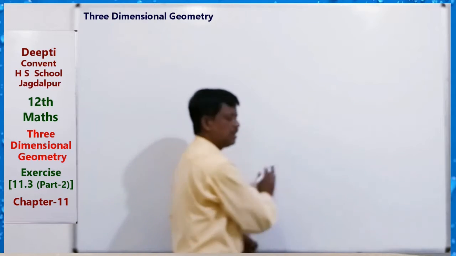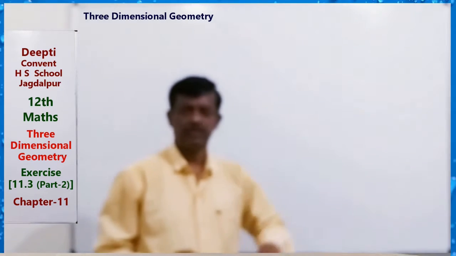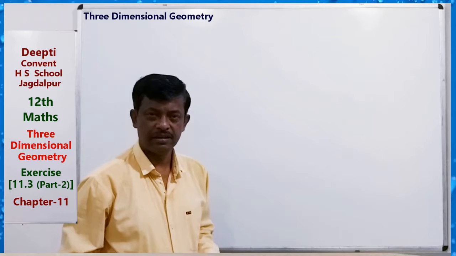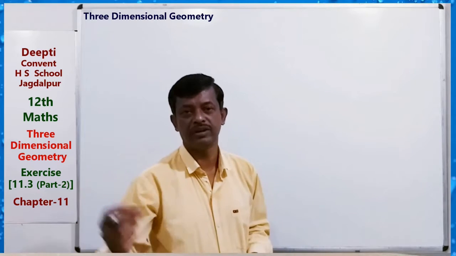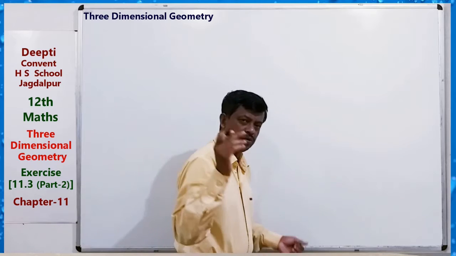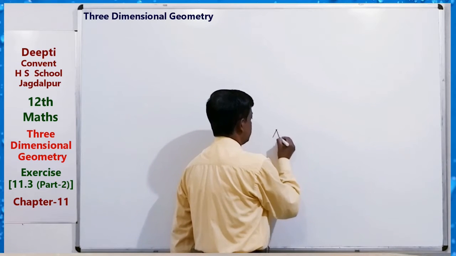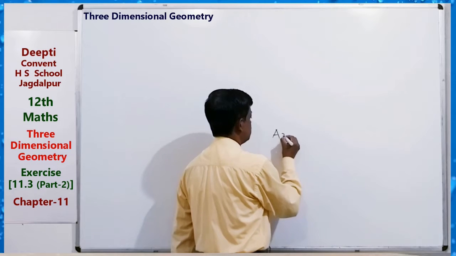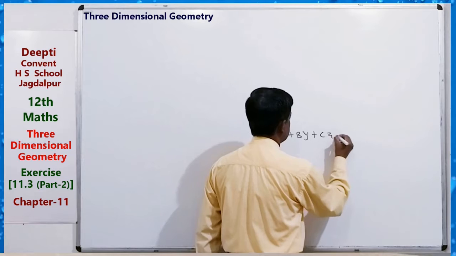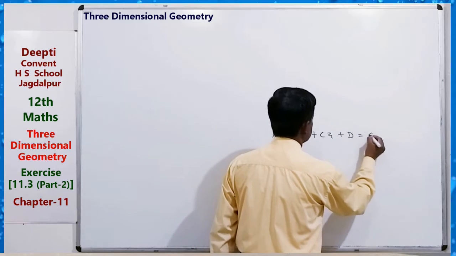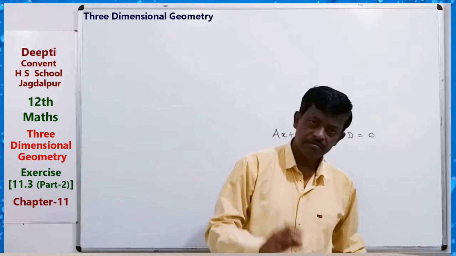Intercept form is just like a straight line in a two-dimensional plane, where the equation of a straight line is x by a plus y by b equals 1. Here also we know that the general equation of a plane is ax plus by plus cz plus d equals 0.